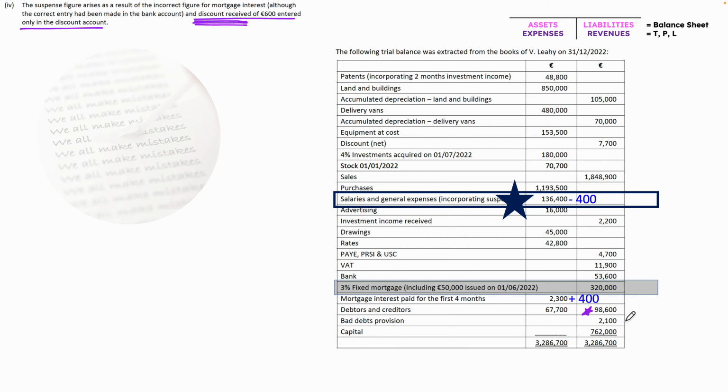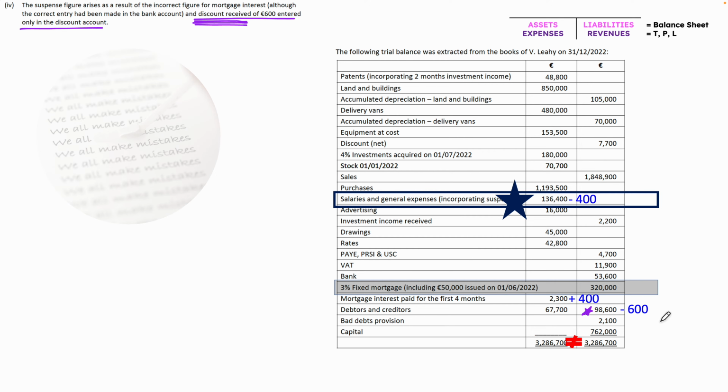So the liability creditor will have to be reduced by 600. Okay, so 98,600 minus 600 there. Because my creditors, I do not owe them the 98,600 anymore. I owe them 98,600 minus 600 because they have given the company a discount.